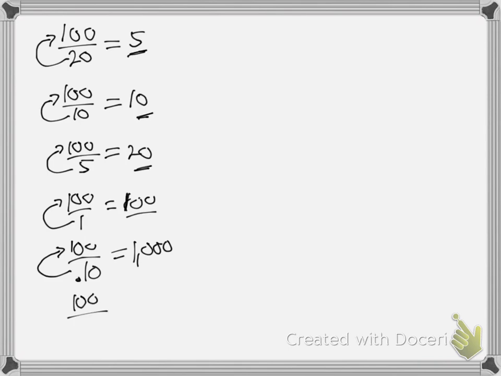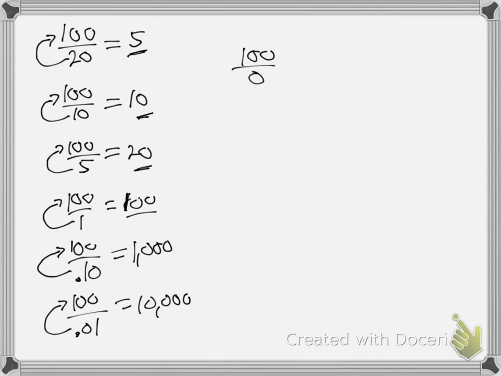And then what if I take 100 and I divide by 0.01? How many pennies in $100? 100 pennies in every dollar times $100, that'd be 10,000. So you see how the number grows as the bottom heads towards 0. See how the bottom is going closer and closer to 0?